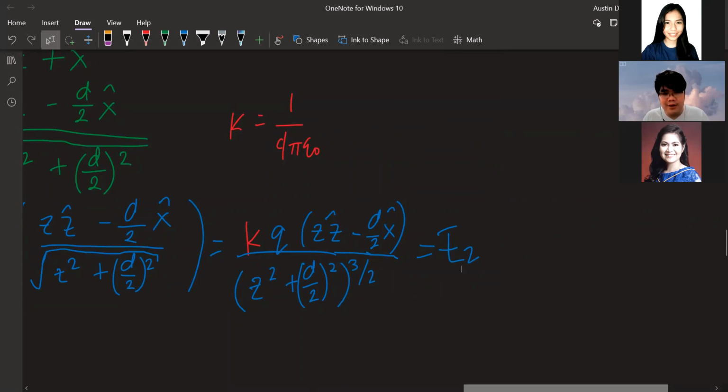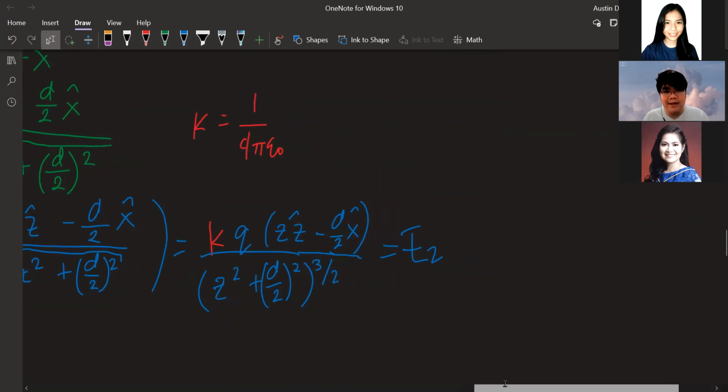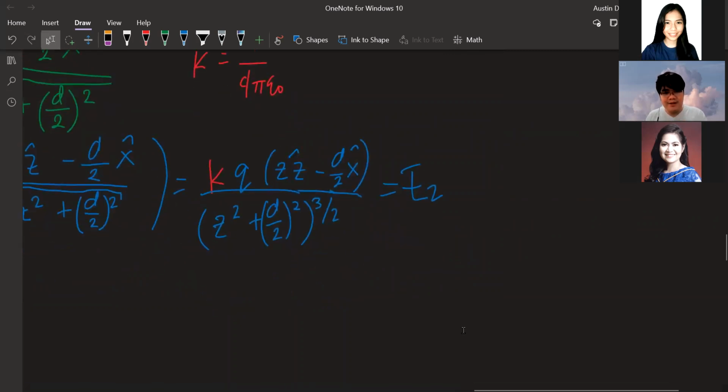But we can simply say something to obtain E1. Tatanong tayo: ano sa tingin mo ba kailangan kong baguhin from here para makuha ko si E1? So, si Amina, what do you think na kailangan kong baguhin? Yung sign po ba, sir? Okay, aling sign? Maraming signs dito.